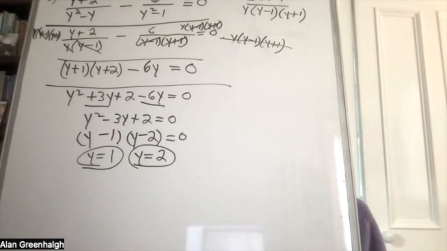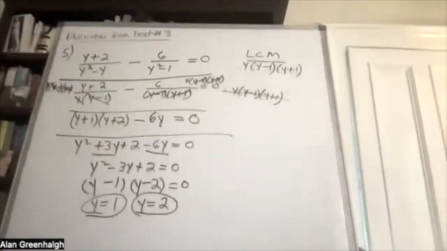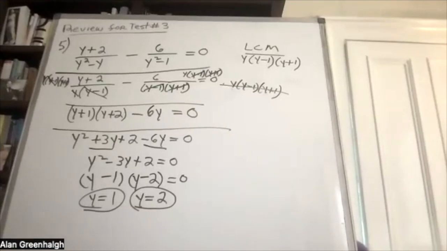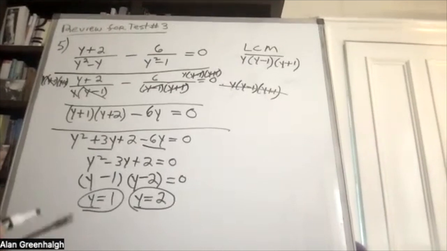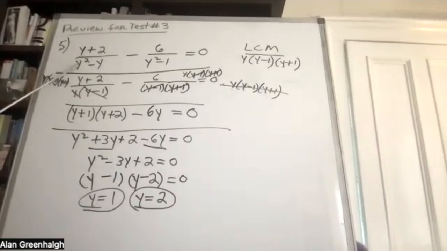But we really have to check for extraneous solutions. Whenever you have a fractional equation and you wind up solving for a solution and getting an answer, you must go back and check for extraneous solutions. So the next step would be to put the 1 in here.